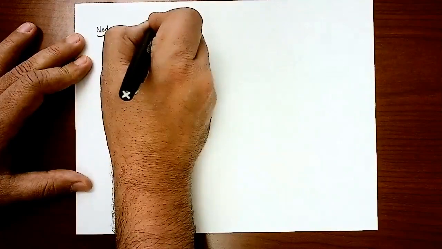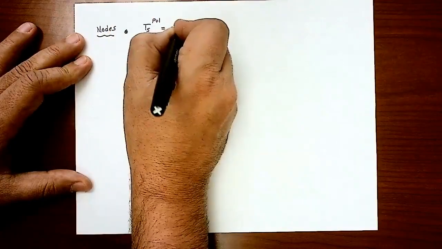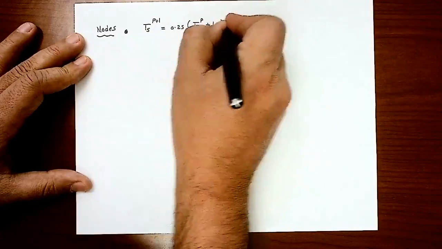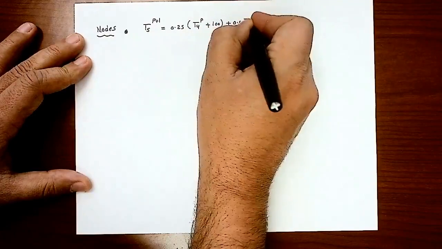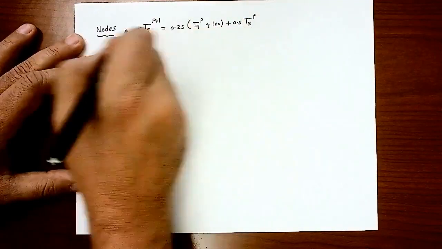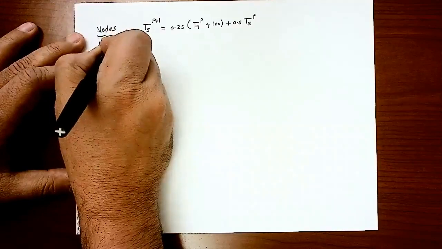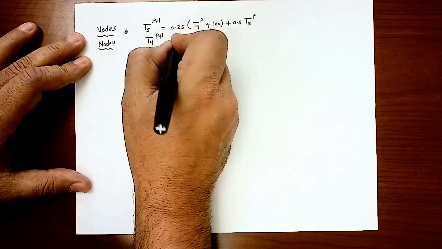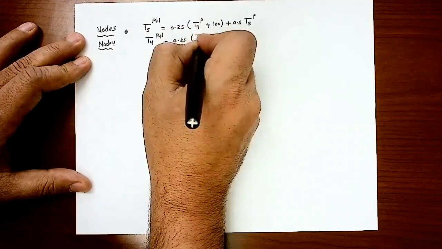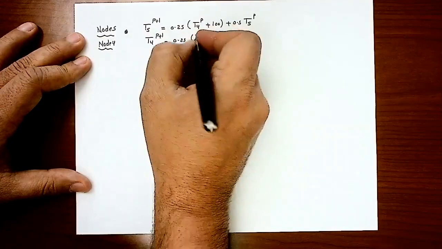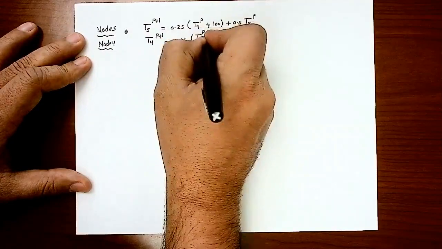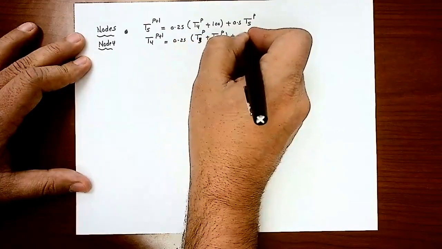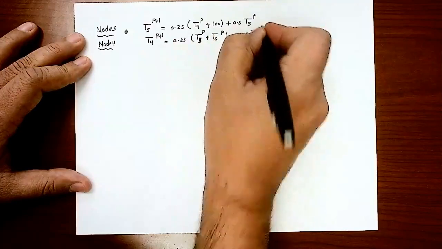T5 at P plus 1 is equal to 0.25 times T4 at P plus 100, plus 0.5 of T5 at time P. Then for node 4, T4 at P plus 1 is equal to 0.25 times T3 at P plus T5 at P, plus 0.5 of T4 at the current time step.